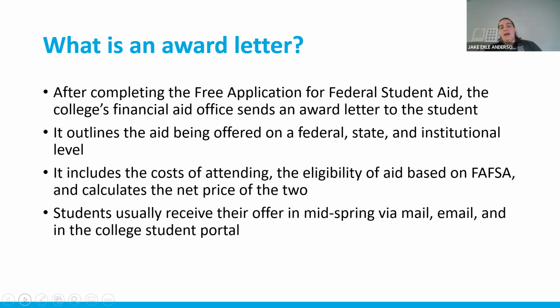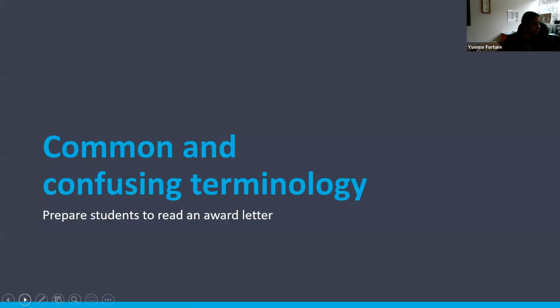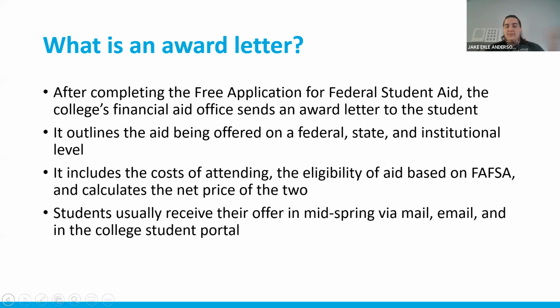It includes the cost of attendance and eligibility for different aid, and it calculates the net price of both how much it will cost to go to college and how much aid the student could possibly receive. They'll usually receive it mid-spring via email, although later if they fill out the FAFSA application later.